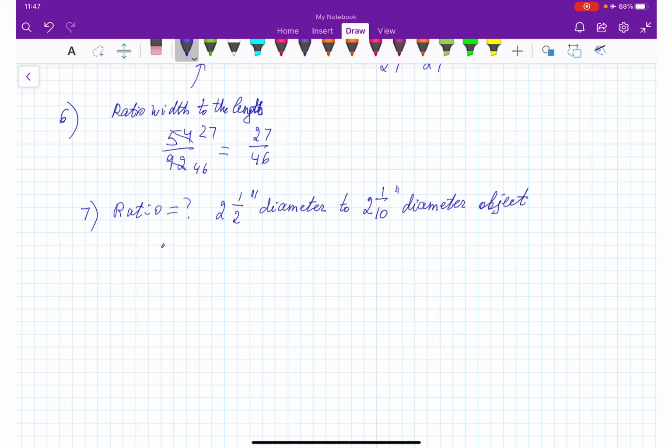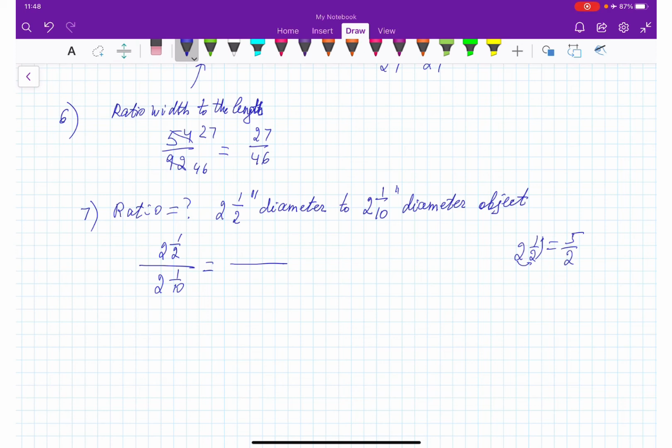So we take 2 and 1/2 divided by 2 and 1/10, right? Since this line of fraction is the same thing as a division. 2 and 1/2, whoever doesn't know how to convert improper to proper, I will put the reference at the end of the video so you can watch it. 2 and 1/2 is 2 times 2 is 4 plus 1 is 5, so 5 over 2.